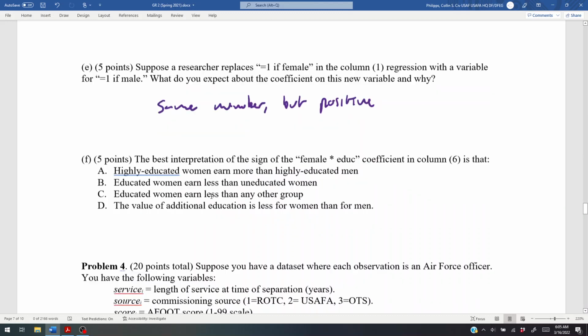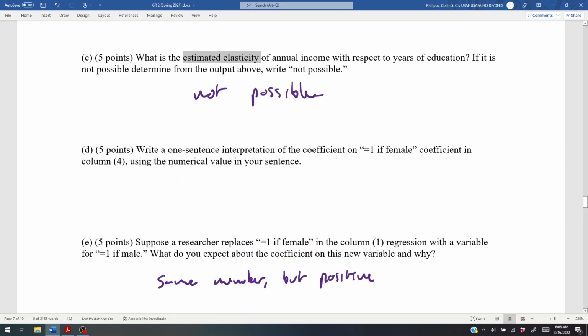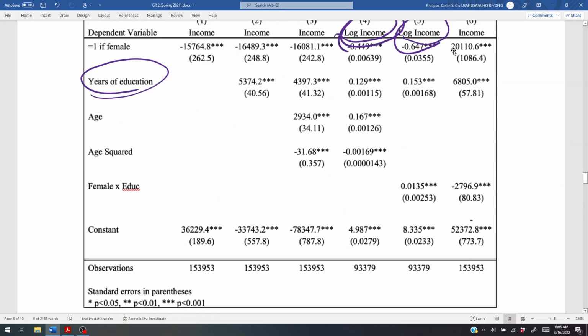The best interpretation of the sign of the female times education coefficient in column 6 is that, okay, this interaction term, female times education, column 6, this tells me that the returns to education, the marginal effect of education, if you are female, is lower than if you are not female. How much lower? 2,800.